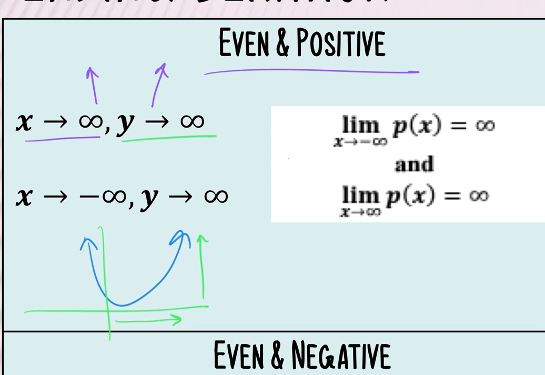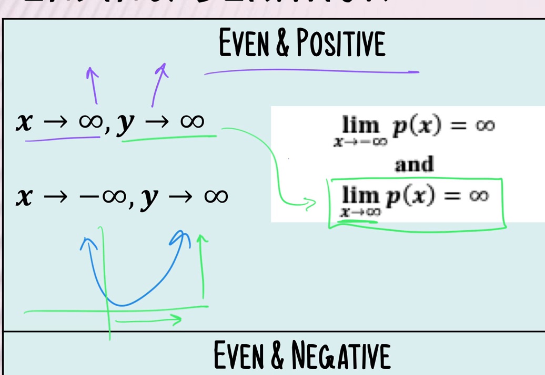Now, in limit notation, it looks like this. This one goes with this one. As x approaches infinity goes under LIM. So we write LIM, and the x goes underneath with the arrow showing which direction we're going. If it's x arrow infinity, we're saying as x approaches infinity, meaning the right side of my graph, P of x or f of x or g of x or k of x, whatever the function's name is, doing what?